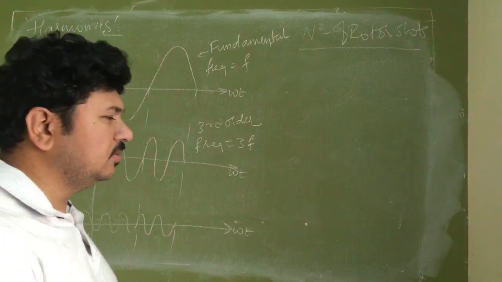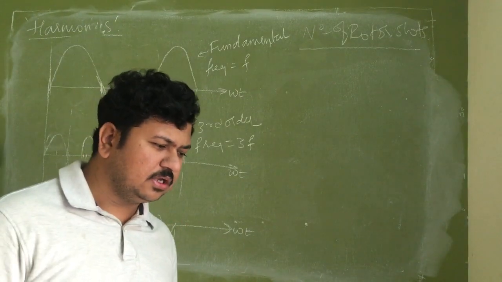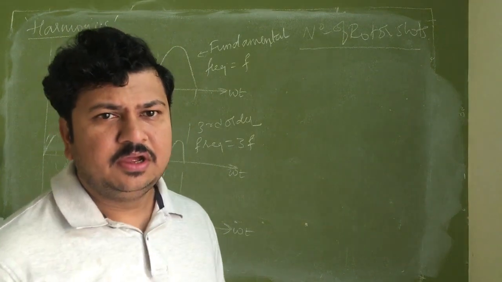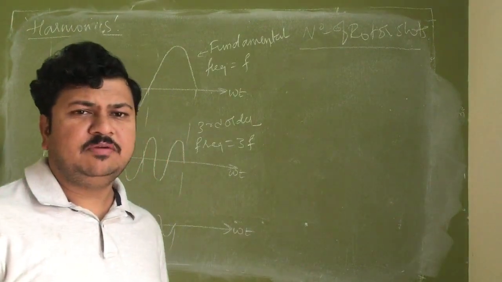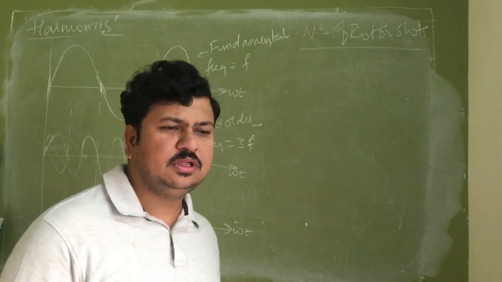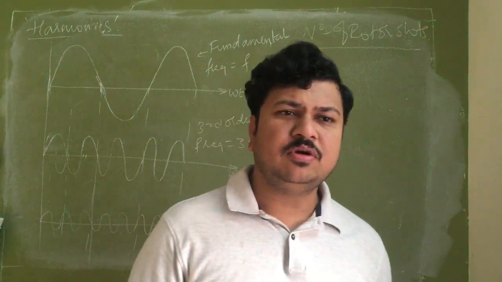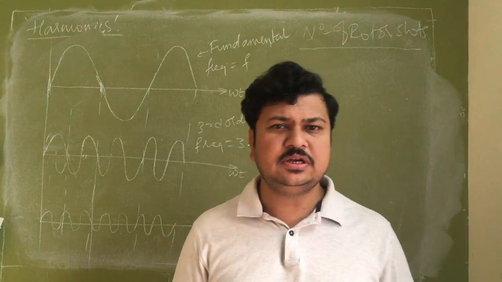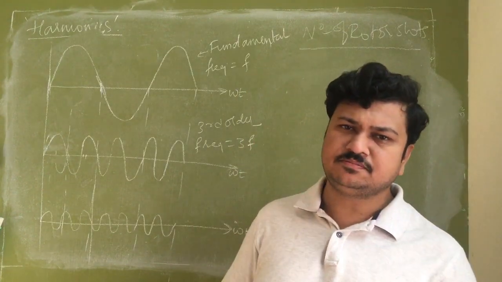In a cage rotor there is no question of rotor winding. If the stator winding has harmonics, then these behaviors can be observed in the rotor, because whatever current and voltage the rotor gets is induced from the stator.